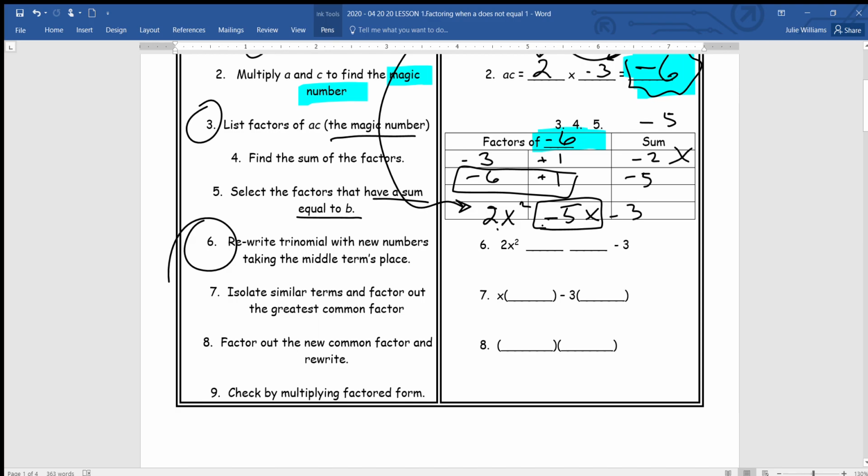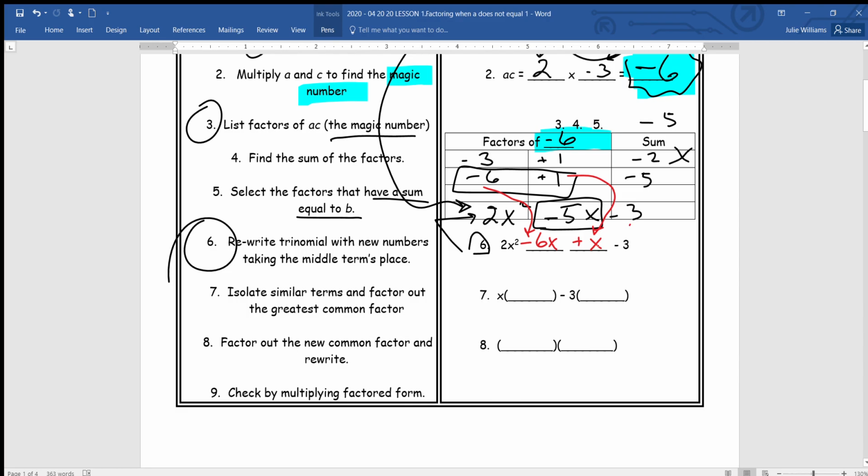So I'm going to bring down my 2x squared. I'm leaving it the same. What I'm going to write for number 6 is equivalent to what is written right above it. So now instead of negative 5x, I'm going to bring down this negative 6 and make it negative 6x. Now, instead of negative 5x, I'm bringing down the plus 1x, or plus x.